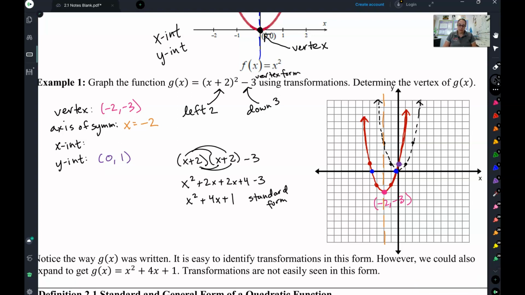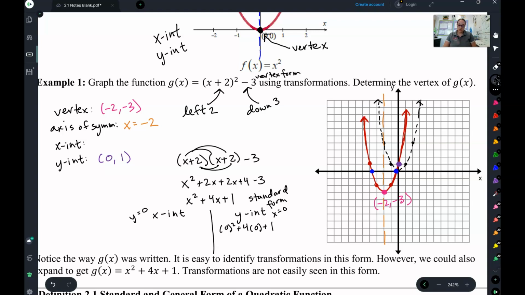So now, if you look at standard form, it's really easy to find the x and y intercepts. By the way, quick reminder in case you forgot, x-intercepts happen when y equals 0. Y-intercepts happen when x equals 0. So if I take my standard form and I set all the x's to 0, you'll notice my y-intercept is really quick to find.